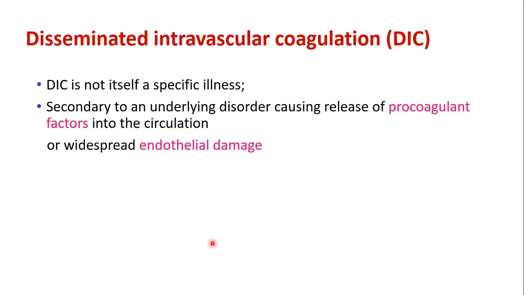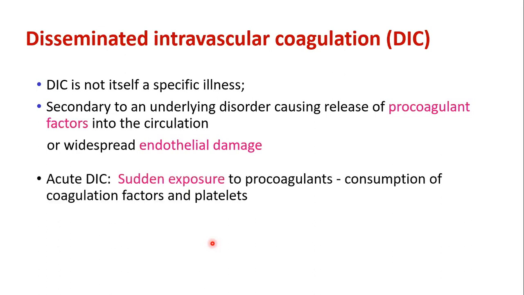DIC is not itself a specific illness. It is a complication, secondary to an underlying disorder that causes release of procoagulant factors into the circulation, or widespread endothelial damage. So DIC happens because some disease leads to release of procoagulant factors in the blood or endothelial damage, which causes widespread activation of the coagulation system, microthrombi, dysfunction of the organs, or excess activation of the fibrinolytic system leading to bleeding tendency.